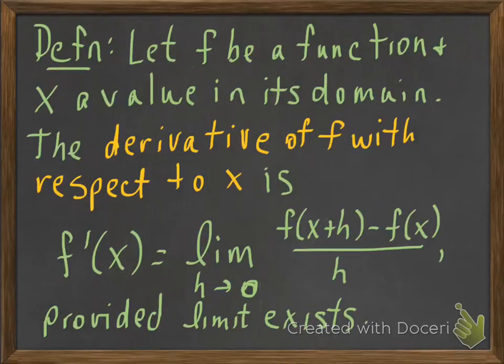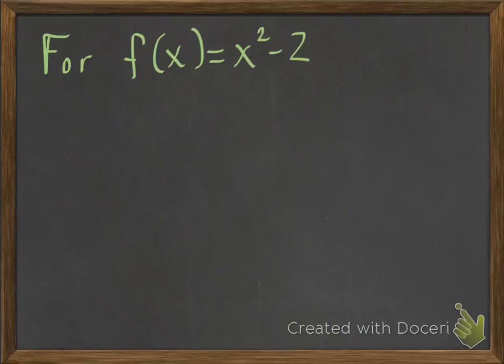So this should look very similar to the previous formula that we had for the value of the derivative at a point, except now x can be any value that's in the domain of f. So we can calculate the formula for the derivative directly and then substitute in x values rather than having to use the limit definition for every different x value. So let's see an example of that.